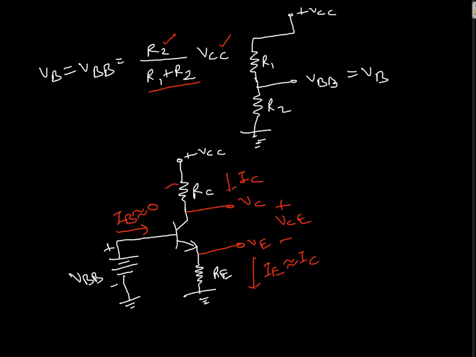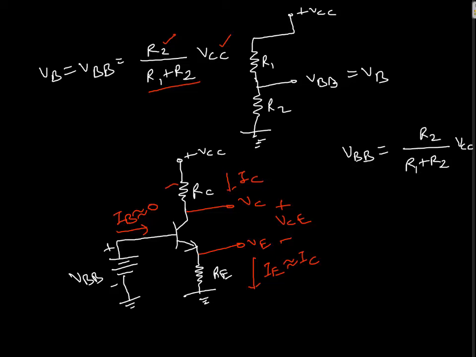Now, once we are ready with this diagram, we can write the voltage divider bias analysis equations. The first one: VBB equals R2 divided by R1 plus R2 into VCC. This was already there.